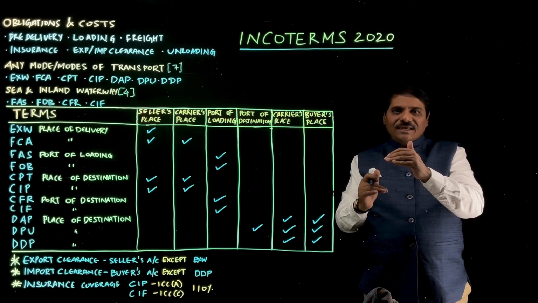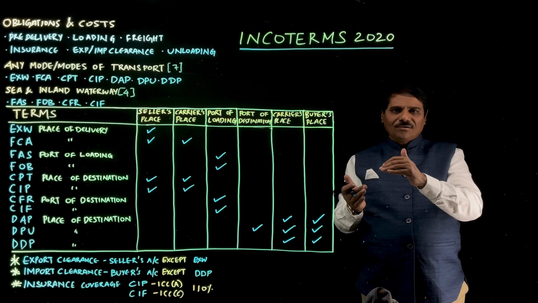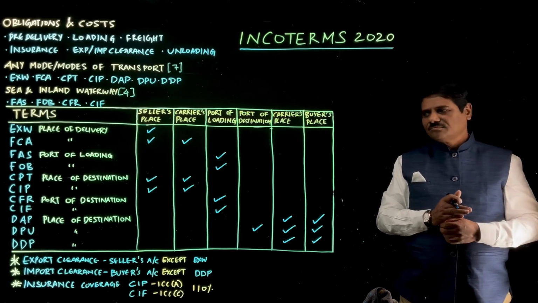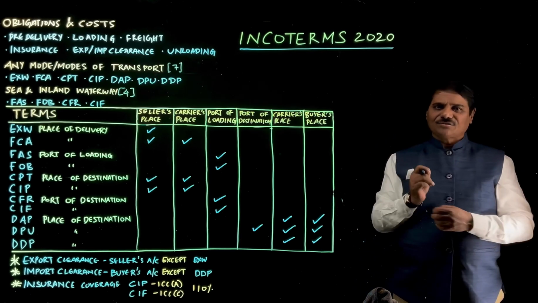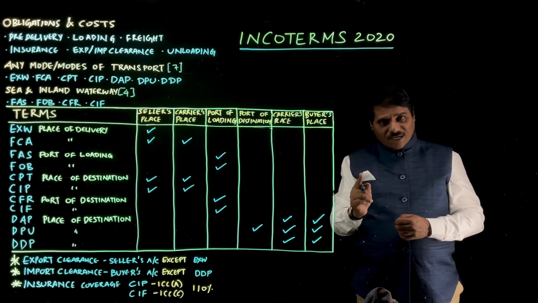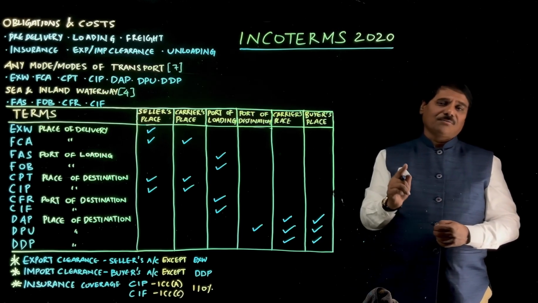CIF requires insurance to be taken by the seller from the port of loading to the port of discharge. The seller is taking the insurance, but the risk is passing from seller to the buyer at the load port only once the goods are loaded on board the ship.